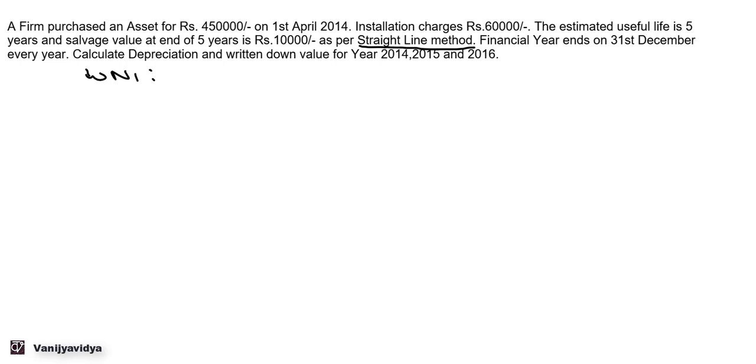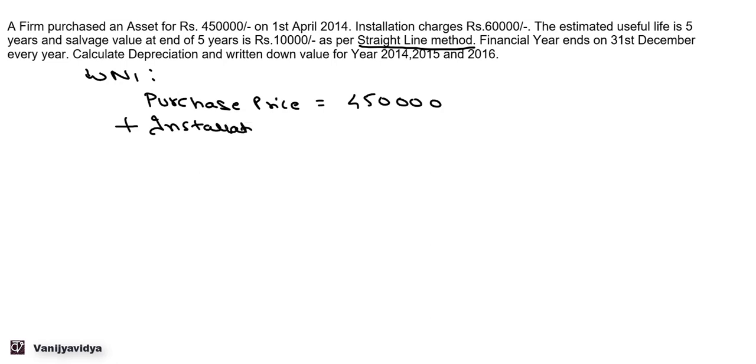Purchase price 4,50,000 plus installation charges 60,000. So the total cost of the asset is 5,10,000.